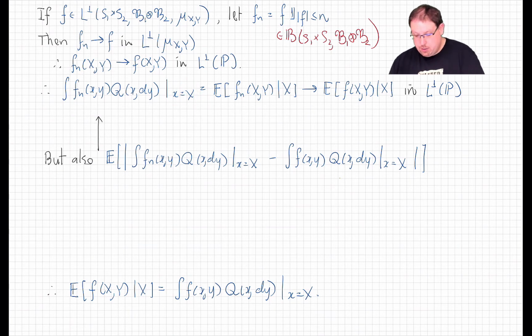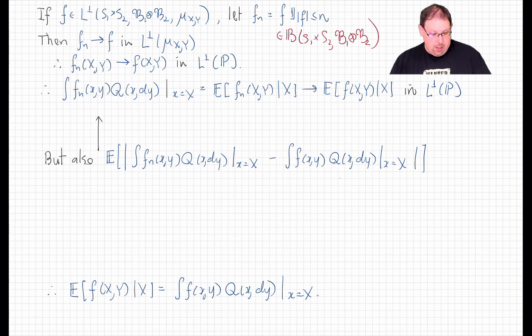Now what we want is to show that this conditional expectation has a similar formula with f in place of fn, and so what we will do is control the difference between this, that is this, and that desired formula without the cutoff there. If we can show that this goes to 0 in L1 sense, then we will also have that this converges in L1 to this, and therefore those two will be equal, which is what we wanted to show.